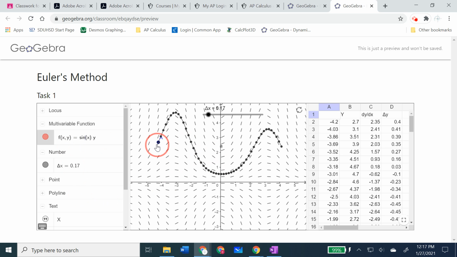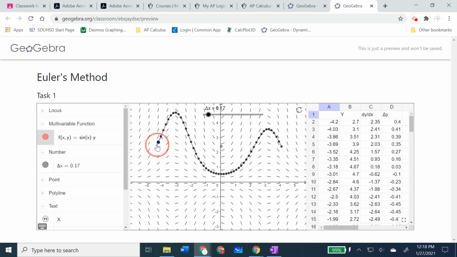But play with that because this is Euler's method. This is what Euler's method does. Now, here's the thing. The only time you would ever not use a calculator or computing device with Euler's method is when you're taking a calculus test. If you had access to a calculator, you would not need Euler's method.